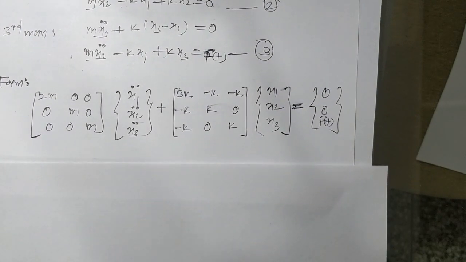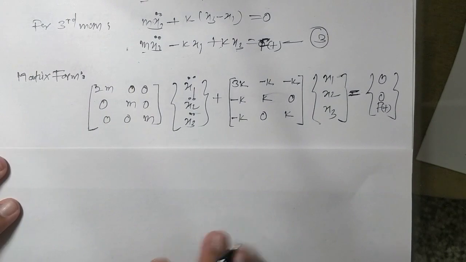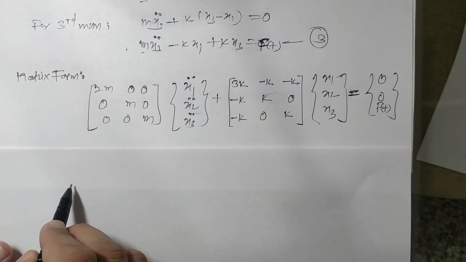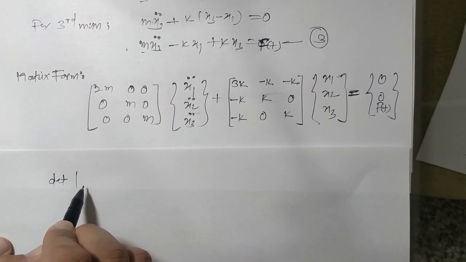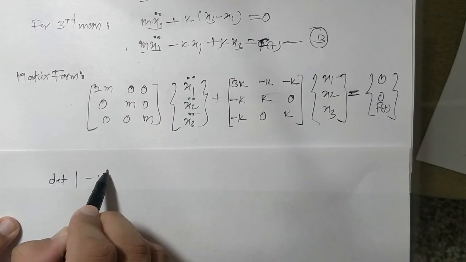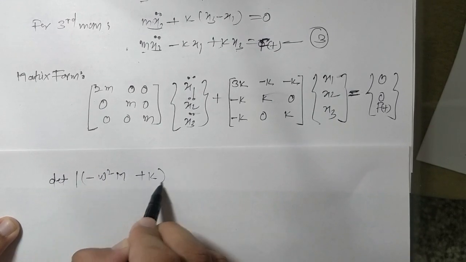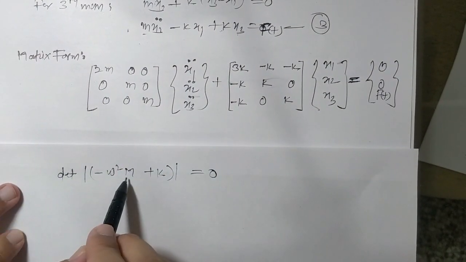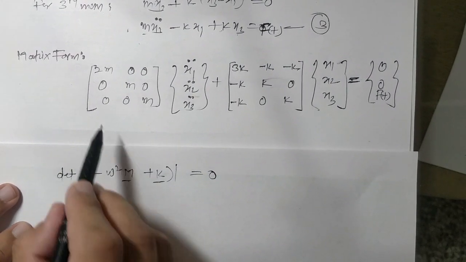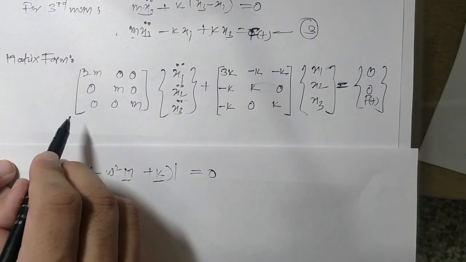For the eigenvalue problem we need to find the determinant of minus omega square M plus K, equal to 0. Here, we put the value of the mass matrix and the K matrix in this.